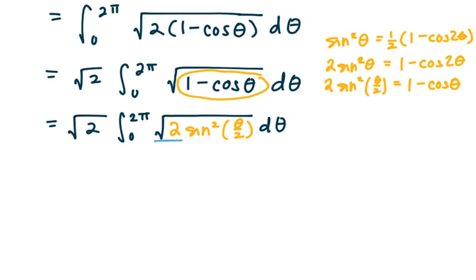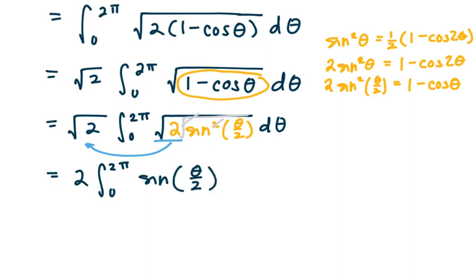Now, square root of 2, that can come out in front. Square root of 2 times square root of 2 is 2. Got the integral from 0 to 2 pi. And then I'm dealing with just the square root of sine squared. And those cancel. So I have the integral of sine of theta over 2 d theta.